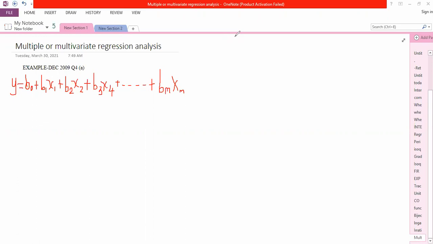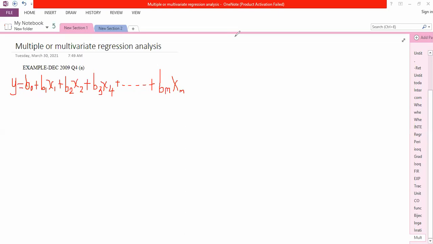So with this, we are asked on the next page, we write down Roman number 1: write down the regression model for the above data, where we are given x1 as the age, x2 is the monthly salary, x3 the experience, x4 the education level, x5 the gender, x6 the responsibility, and x7 the number of years in service.